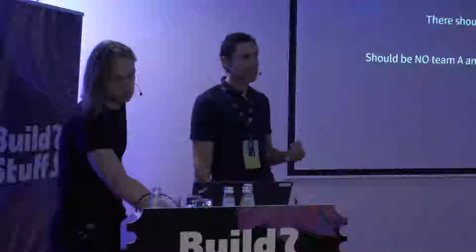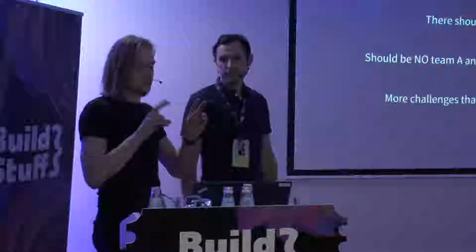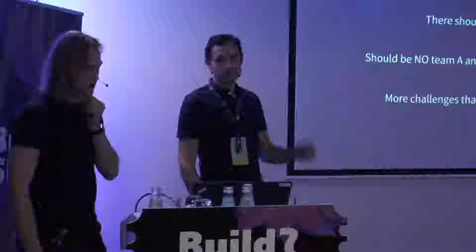I mean the same level of knowledge. So equality of knowledge. We're trying to avoid situations where one team is developing the code and another team is just supporting it. Even though we have these rules, it proved to be more challenging than we thought it would be.